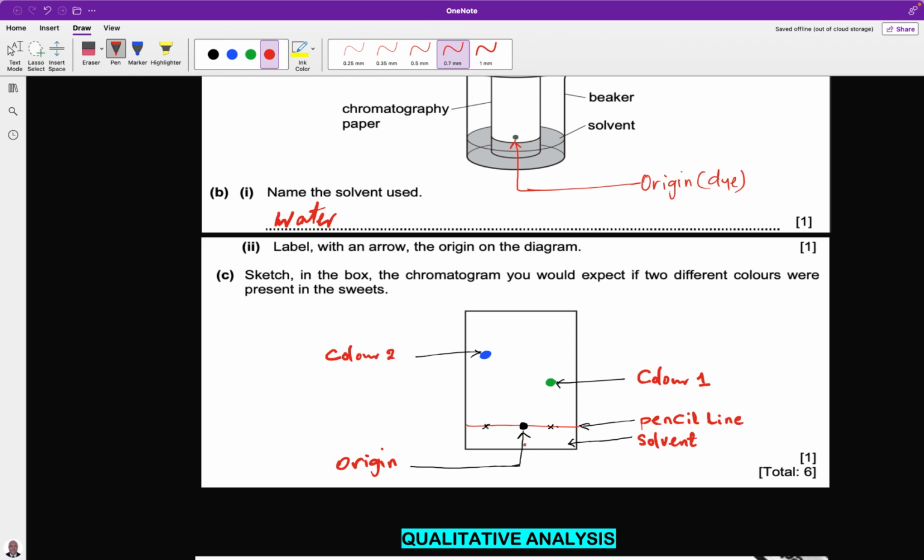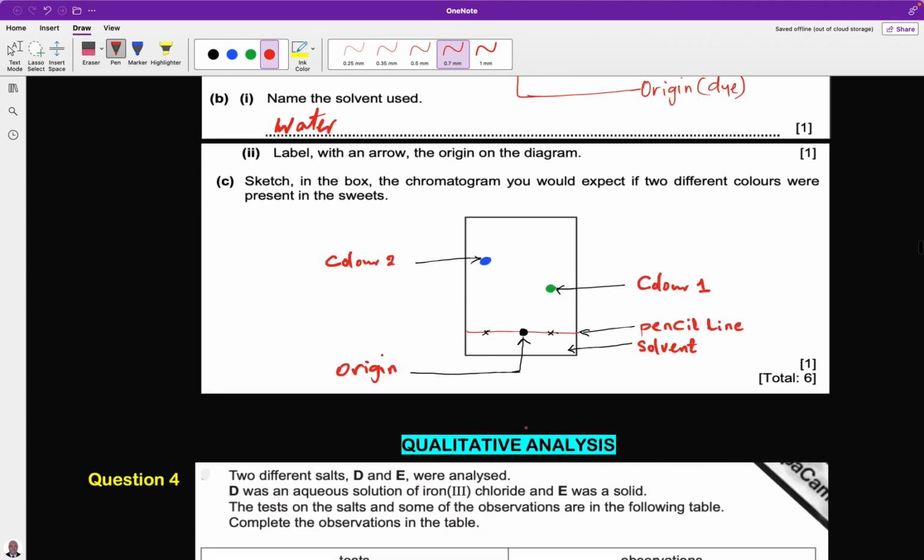Then as water goes up, what happens? The water will separate the color. The first color is the green color, color 1. Then the second color here is the blue color, which is color 2. These are the 2 different colors present in this dye.